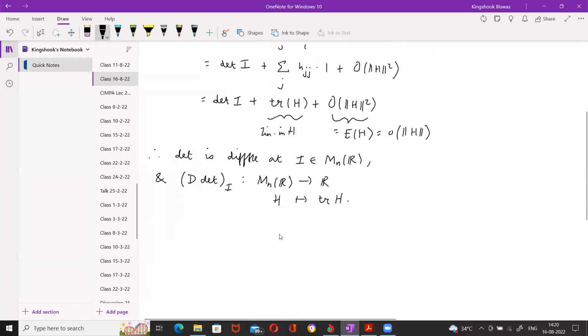Okay. And once we have the derivative at the identity, then using the fact that GL_n(R) is a group, which acts on itself by translations, and determinant is a homomorphism from GL_n(R) to R minus 0, it's easy to calculate the derivative of the determinant at any invertible matrix.